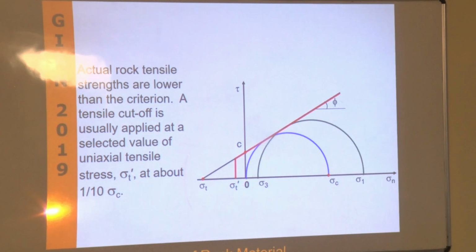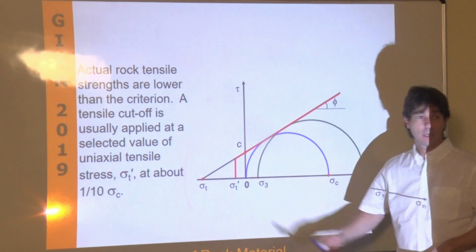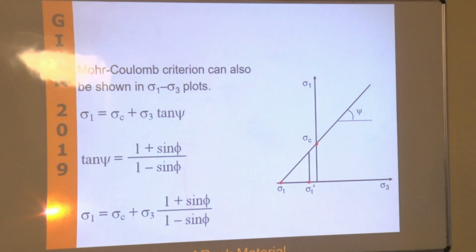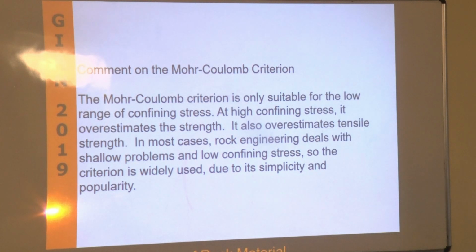Okay, so basically your Mohr-Coulomb or Hoek-Brown is pretty much there with a tensile cutoff. That's the easiest way to implement that. Well, some more equations that will not be provided.